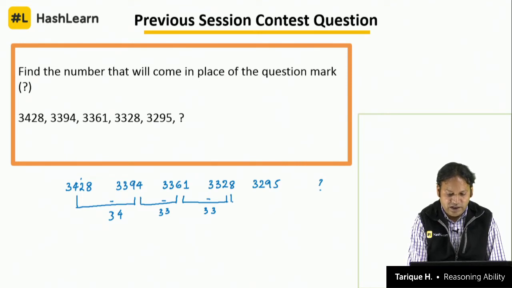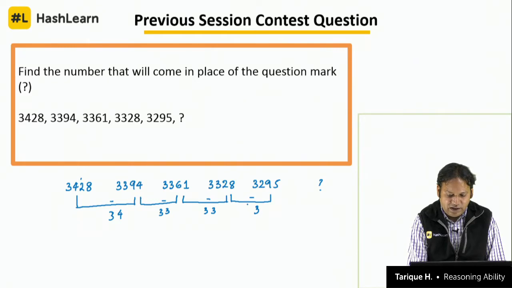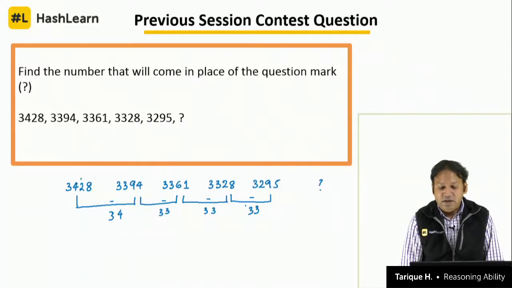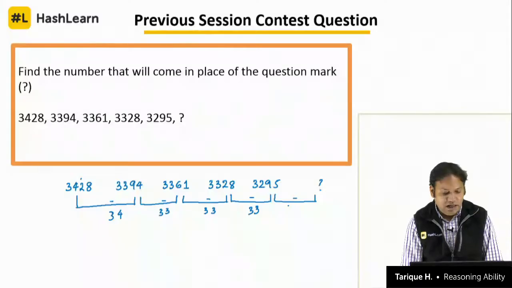So okay, let's see again what is the difference of the next 2 numbers. 8 and 5 is 3, and if you take one carry, 12 minus 9 is 3, so again the difference is 33, correct. So are we going to obtain the next number also by subtracting 33? And if that is the case, then why are we subtracting 34 in the first case?